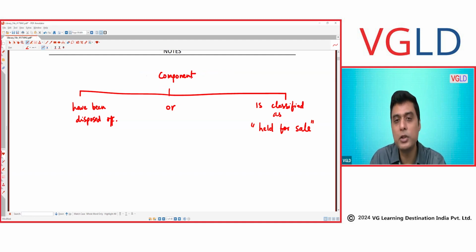Whether it meets the definition of the component. If it meets the definition of component, then we will have to see whether this component has been disposed of or is classified as held for sale. Either it has been sold off or it is classified as held for sale. Then we will show this in discontinued operations.